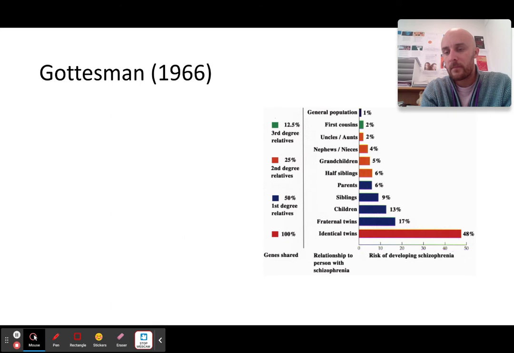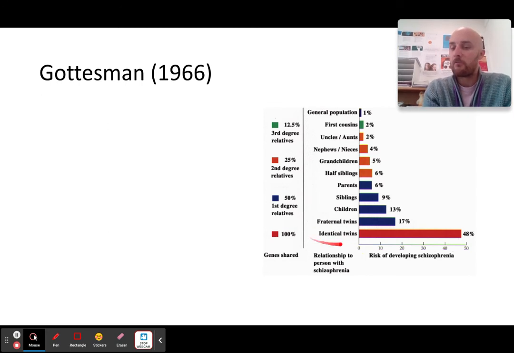Now, that's still quite bad. If your identical twin gets schizophrenia, you are 48-fold more likely to get schizophrenia than the average person from the general population. It's impossible to deny the power of it. Now, you may turn around and correctly say, well, hold on a second, K-Dog.